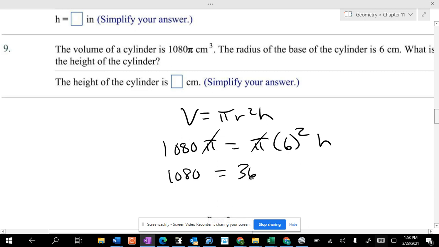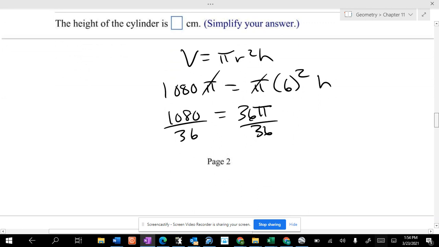So 1080 equals 36h, and divide by 36. That's supposed to be 36h. Something like 30?